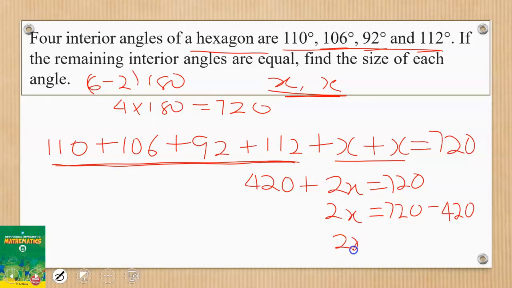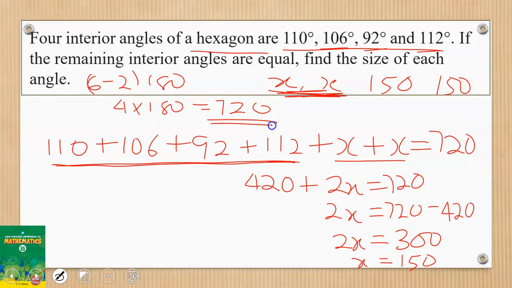When you do the subtraction well, you have 300. When you divide both sides by 2, then our x becomes 150 degrees. So these two values here will be 150 and 150. All together will give us the sum of the interior angles being equal to 720.